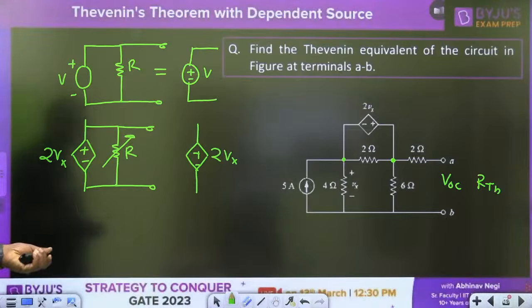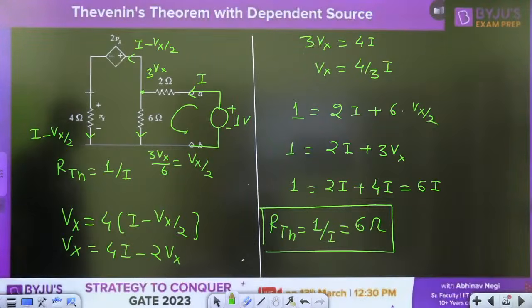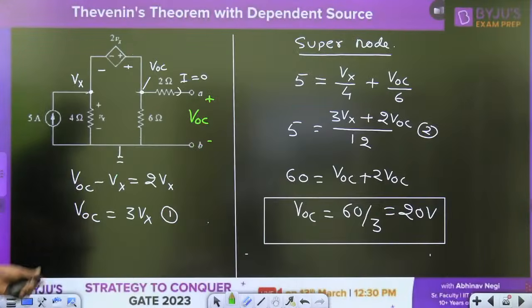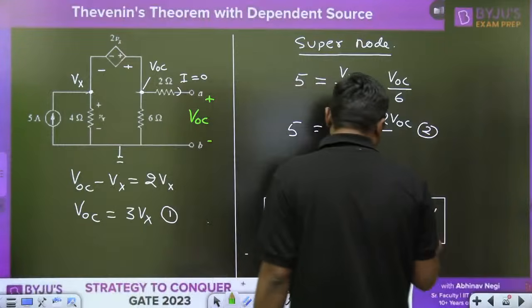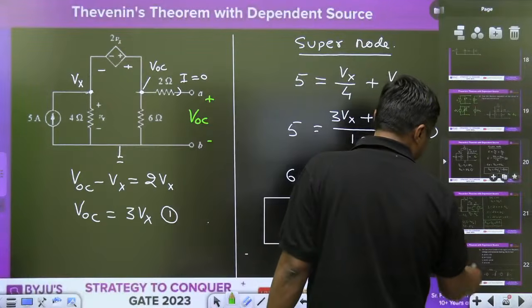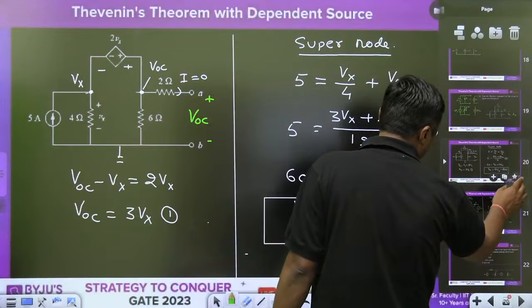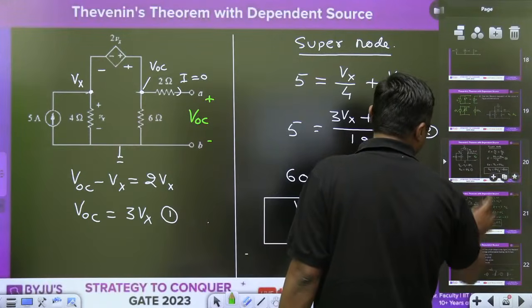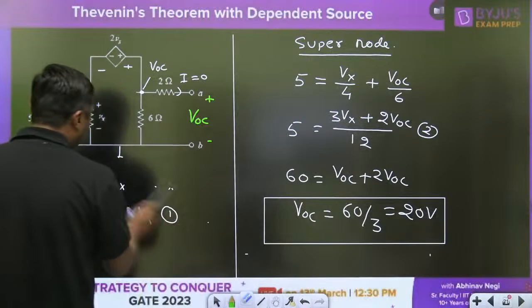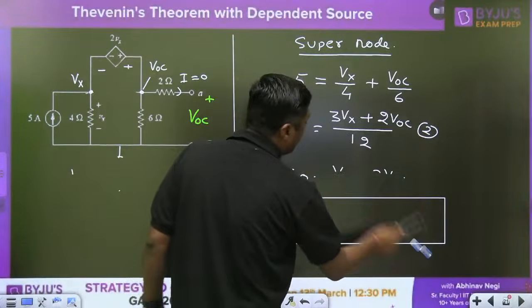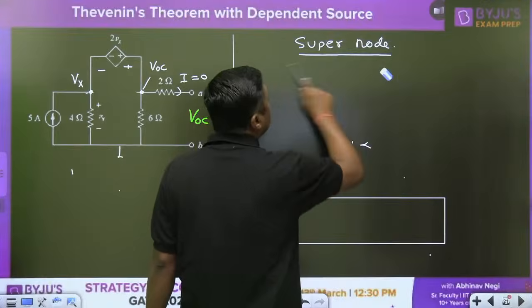For example, if we have the VOC, then what is the second method? Give me 1 minute. Already we have the VOC. Simply find the ISC, and the answer is 6.